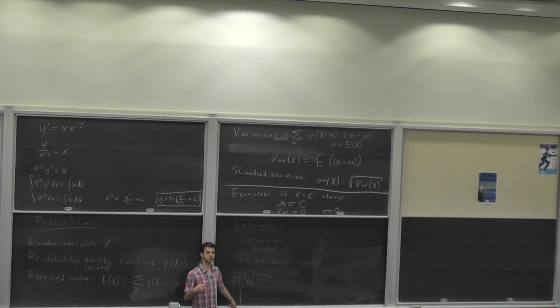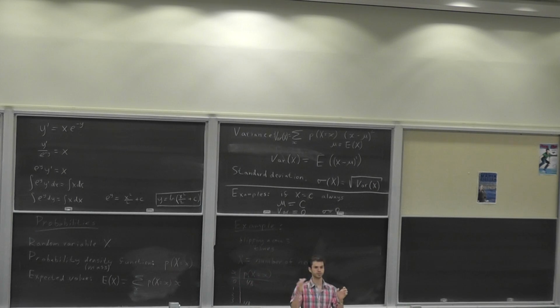Similarly for 3 heads, same thing, probability 1 over 8. I can get it only in one way, heads, heads, heads. If I want to get just one head, I can get it as head, tail, tail, or tail, head, tail, or tail, tail, head.